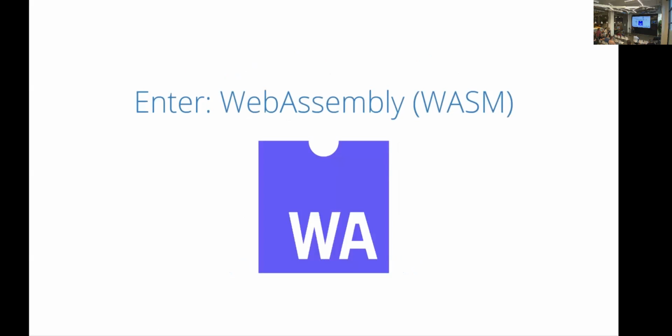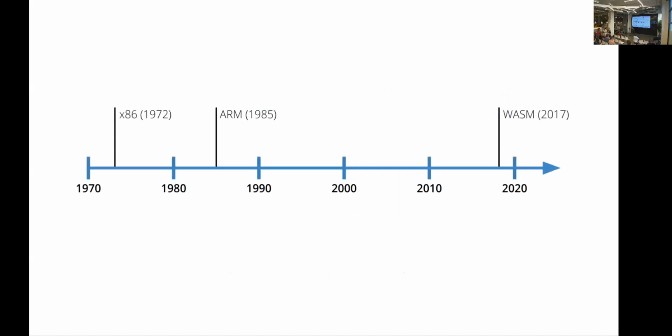So that's why I'm really excited to talk about WebAssembly today. As you all know, WebAssembly is a binary instruction format built to run on browsers, agnostic of whatever operating system or architecture the browser is running on. I'm also pretty excited about WebAssembly because it's a big stride. It's the first new binary instruction format to be introduced and used in production in over 30 years.